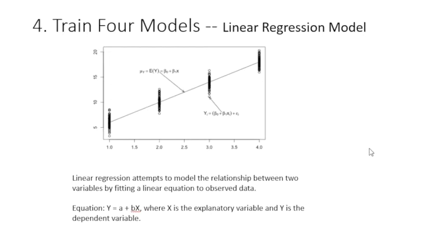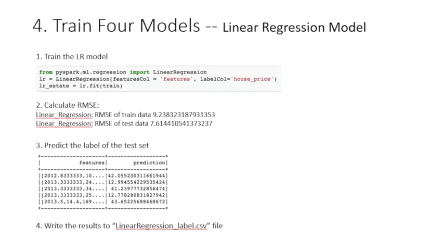The equation is always y equals a plus bx, where x is a given feature and y is a prediction. To train the model, we just import the linear regression package from Spark, then fit the model and calculate the root mean square error of the train and test data separately. The third step is prediction, and finally, we write the result to the file.